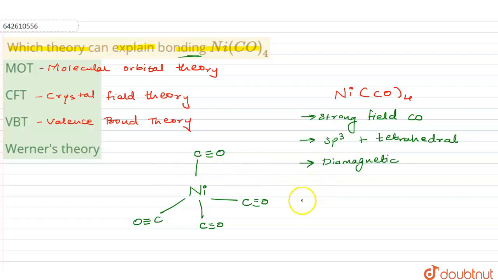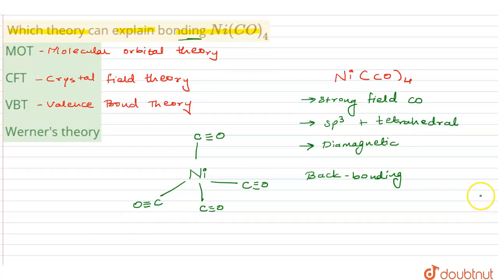Back bonding is a concept which is realized when we look at the energy of that particular molecule or complex. It is concerned with the metal and the ligand atom which are combining with each other, and with the orbitals which participate.